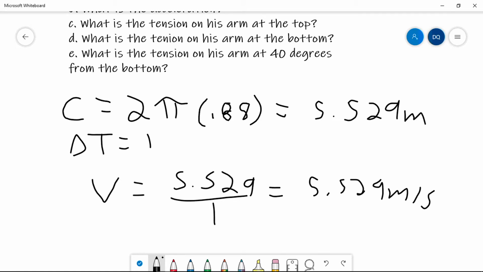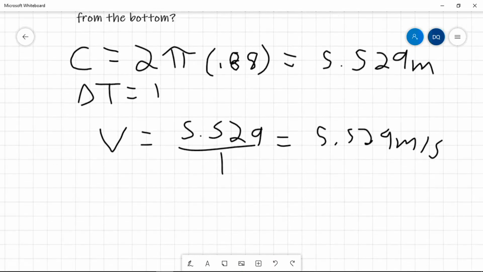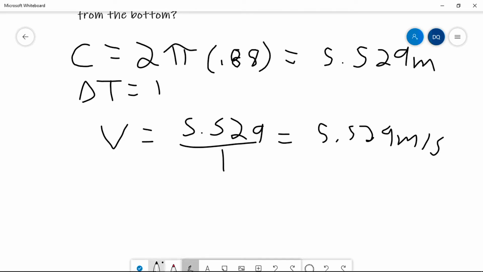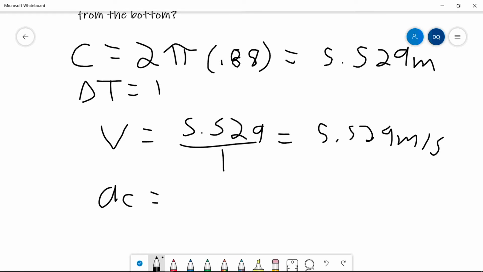Now, what is the acceleration? The acceleration is towards the center. This is moving in circular motion, so we have centripetal acceleration. And our centripetal acceleration is going to be v squared divided by r, the square speed divided by the radius.